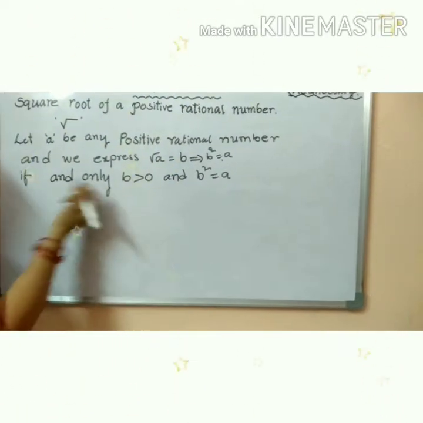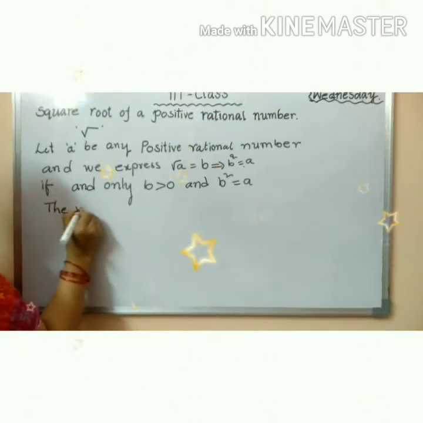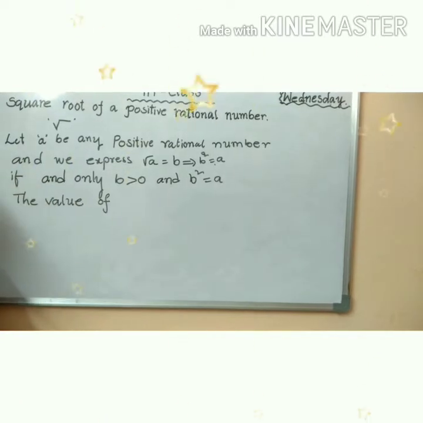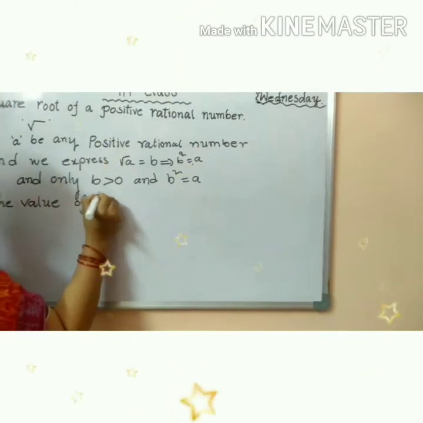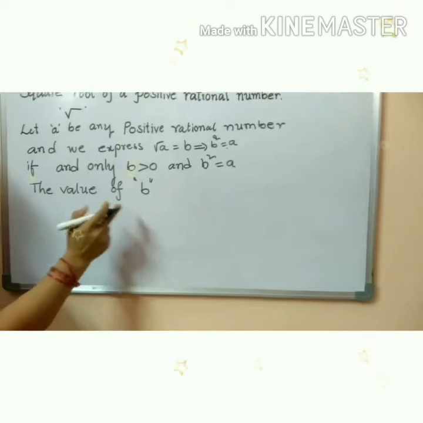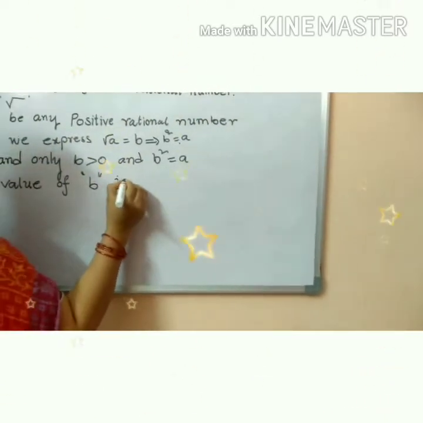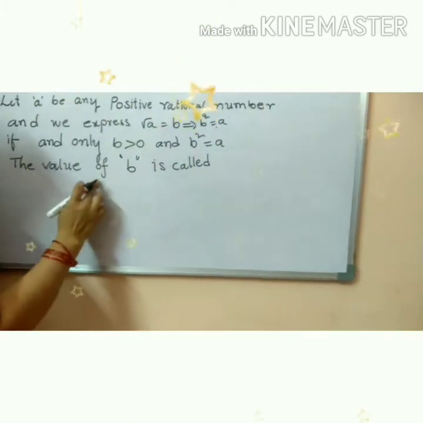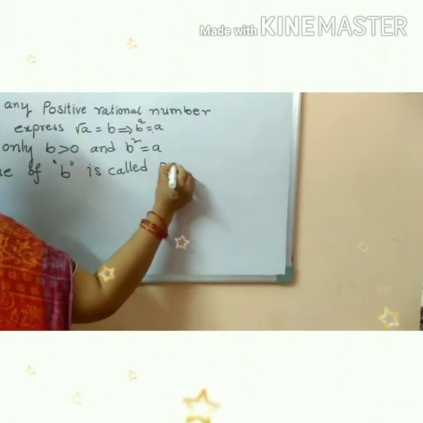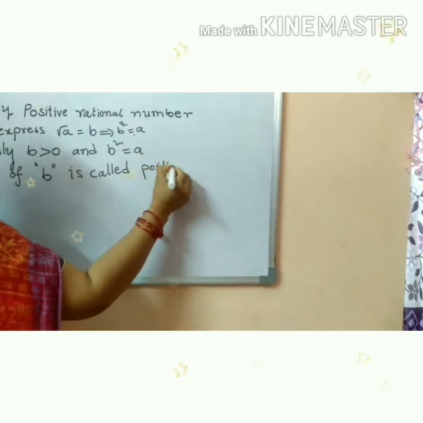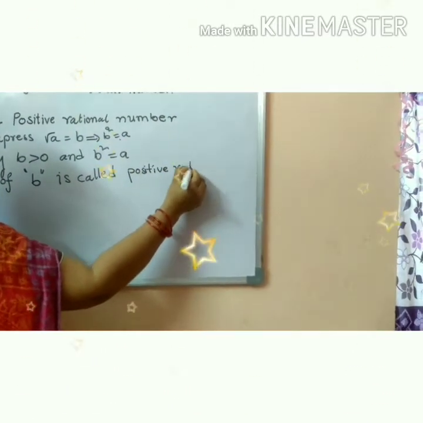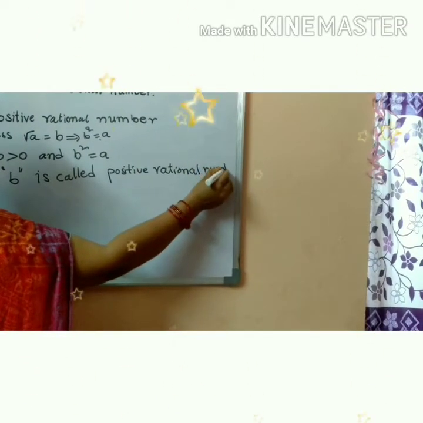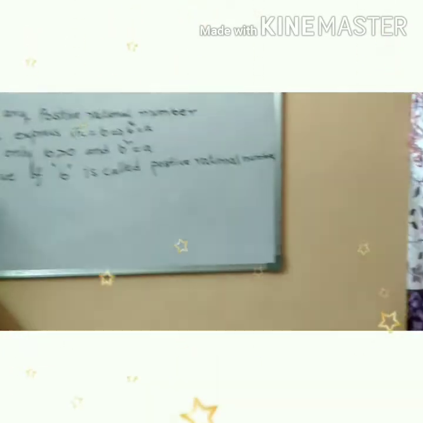The value of B is called a positive rational number. Did you understand, children?